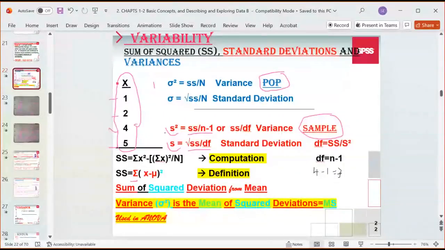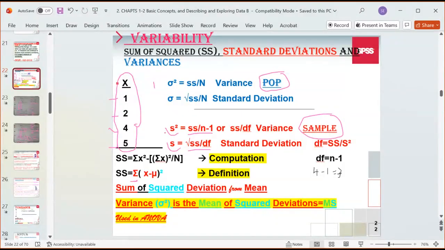So if I say the standard deviation for a sample or population is 2, what would be the variance? There is no need to calculate anything. You just square it. If I say the standard deviation is 3, what is the variance? Square the 3, 9. By the same token, if I say we have this distribution and the variance is 16, what is the standard deviation?